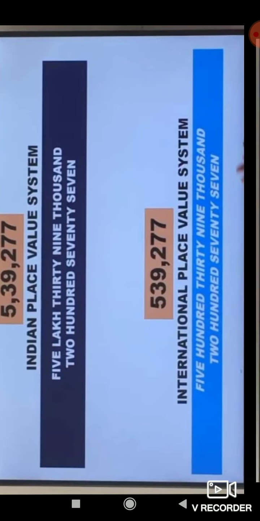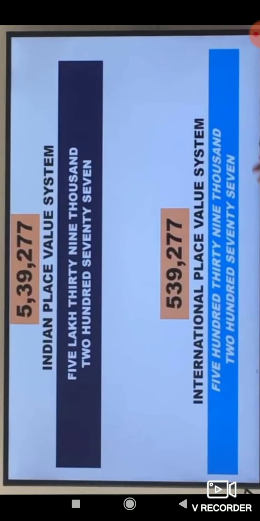So consider another example, so we will know how to write numbers in terms of the Indian system of numeration and the international system of numeration. Take 5,39,277.